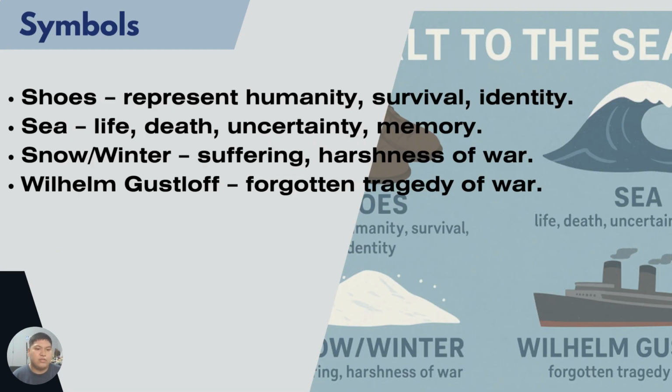So the symbols: there's a shoe, there's a sea and the snow and the ship itself. The sea means the life, the death, and the uncertainty of life. And there's memories. The snow, the harsh snow is the suffering of the war. Or siya kind of torture ba.